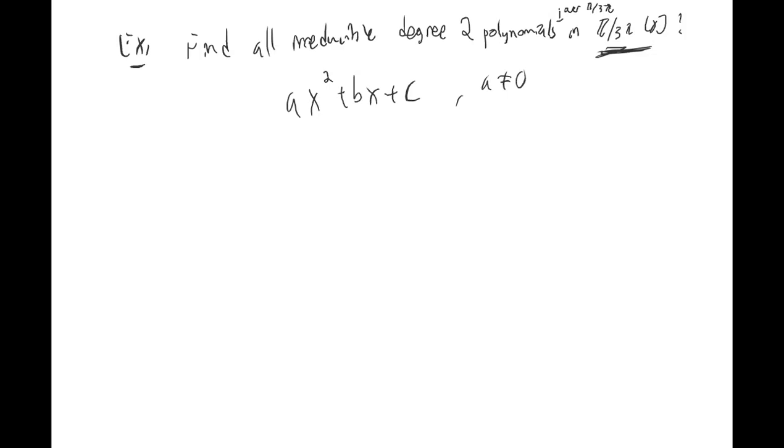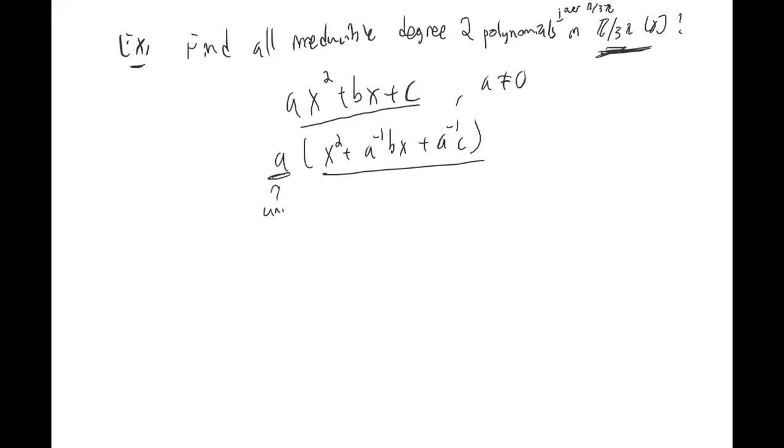So the first thing we could do is simplify this. We could factor out the a, because it's not 0, so there's an inverse. Does everyone agree this being irreducible is the same as this being irreducible? Because this is just a unit.